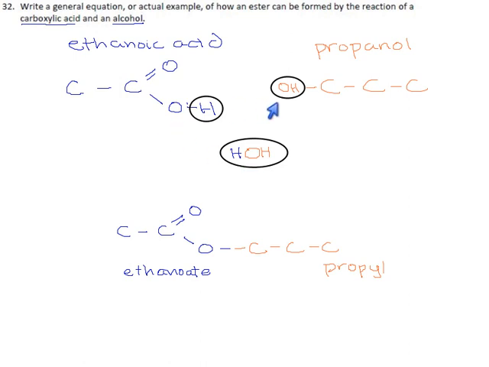And then these pieces say, well, I've got a free electron, you've got a free electron, why not? If we link up, we will form, in this case, propyl ethanoate. But this would work for any carboxylic acid because they've all got a hydrogen to give, and it would work for any alcohol because they've all got an OH to give. Any of those can react, and you'll get water plus an ester.